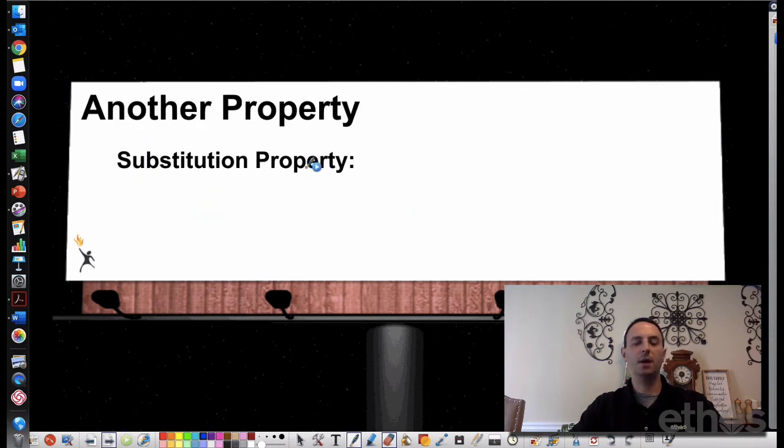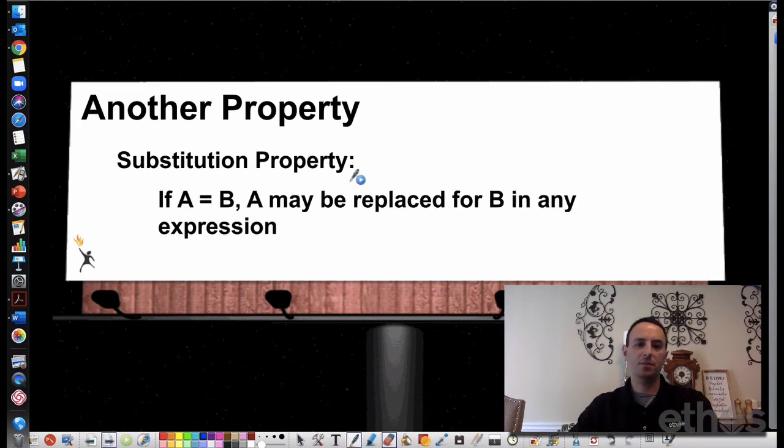One of the key properties that allows us to work on this is the substitution property. It makes a lot of sense if you think about it. When a teacher's not here, they have a substitute. That's someone that can take the place of that teacher, that can stand in, that can either teach the class or watch the students while the teacher is out. So the property says, if A is equal to B, then A may be replaced for B in any expression.